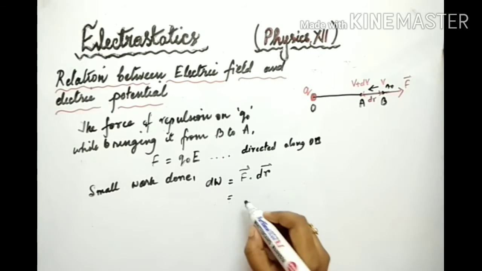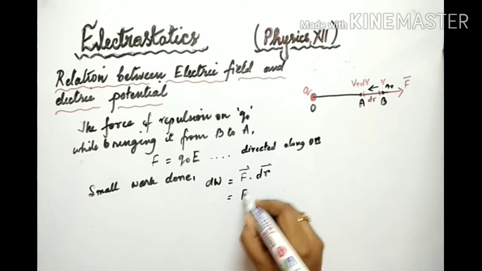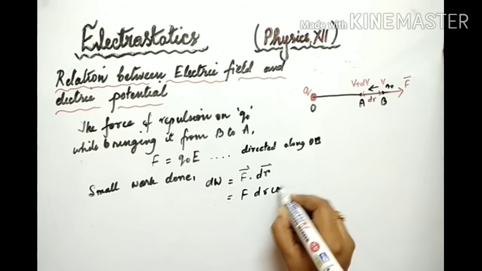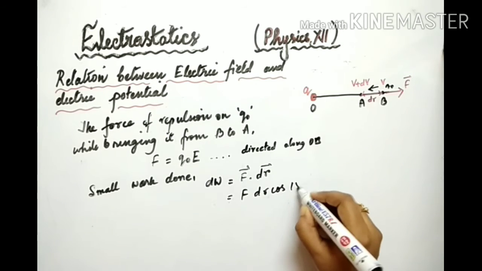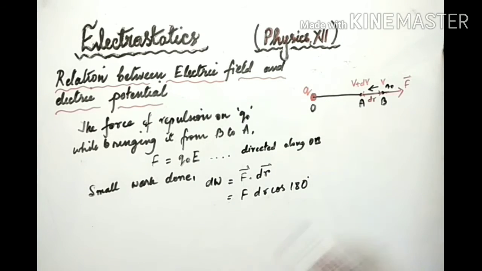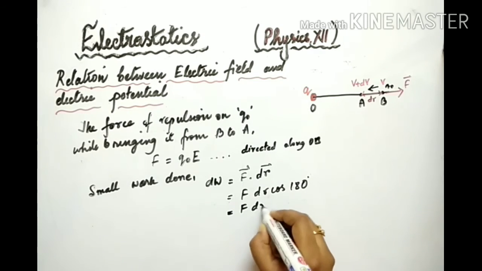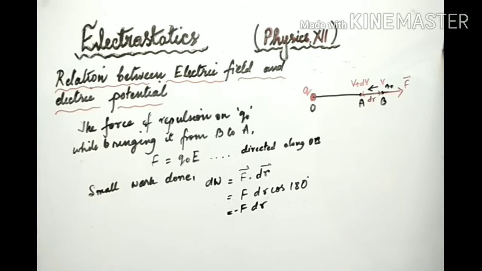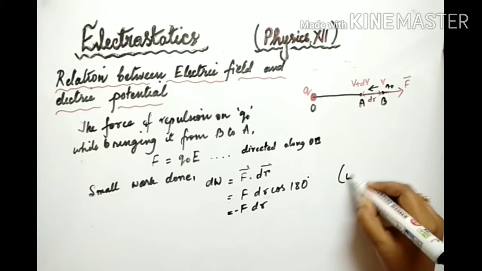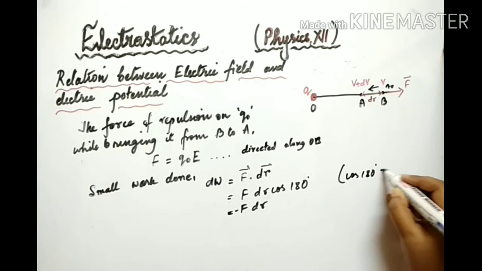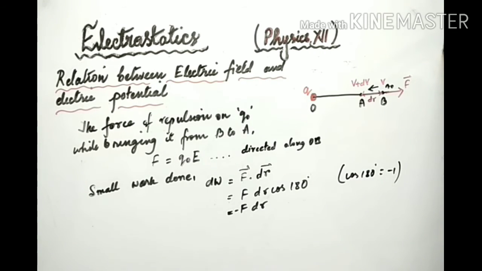So here we can write F dr cos 180 degree, since it is against the force of repulsion, so it will be minus F dr. Okay, why minus? Since it is against the force.